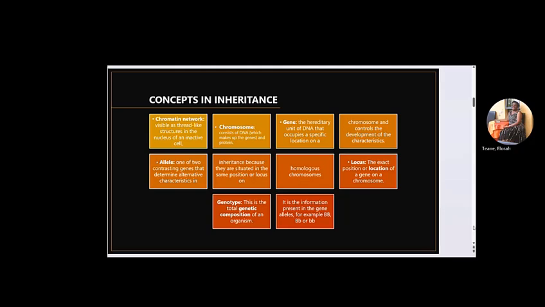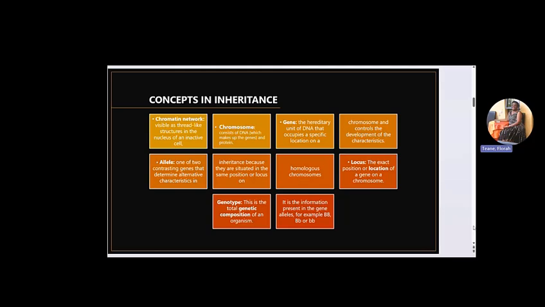Hence, I prefer to introduce concepts, which is the language of a particular subject. Well, we have learned about what chromatin network is, also chromosomes, gene, allele, and locus. But today, here is a different and new concept about genetics.